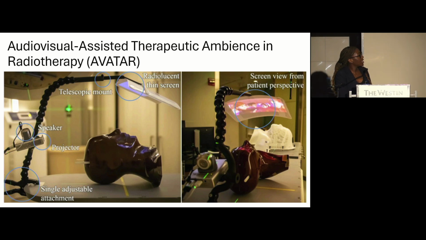And then there's this telescopic mount that's attached to a thin, low atomic screen. And that screen is where the videos from the projector are projected for the patients during treatment. This is what it looks like from a patient's perspective. This has been tested using phantoms and TLDs, and it's been shown to have negligible radiation attenuation, so overall safe to use during treatment.